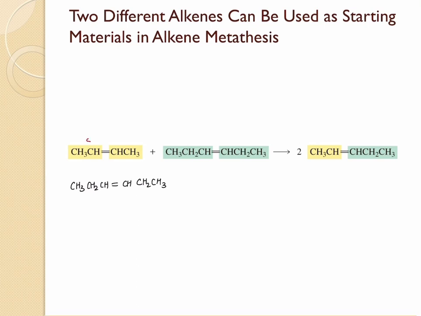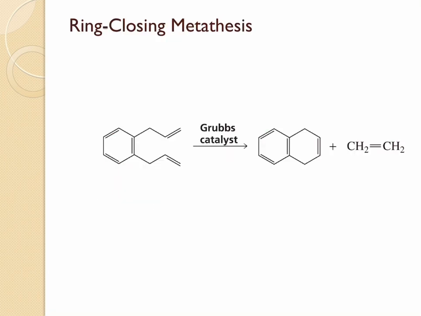So here are sp2 carbons, and we are going to break these bonds and form these two new bonds. You can count 1, 2, 3, 4, 5 carbons, and your product is going to have 5 carbons, and this is symmetrical, so it's going to give us only one product.